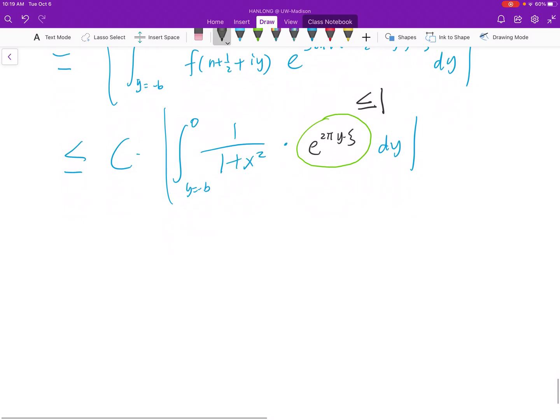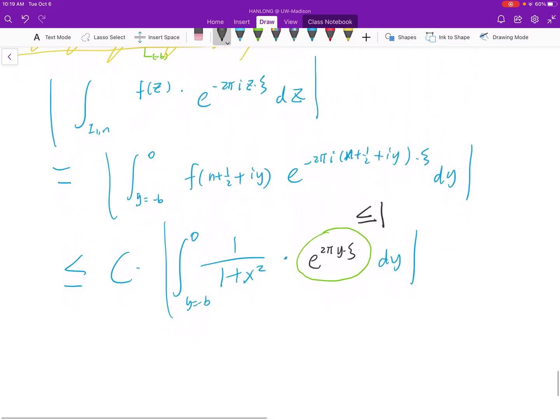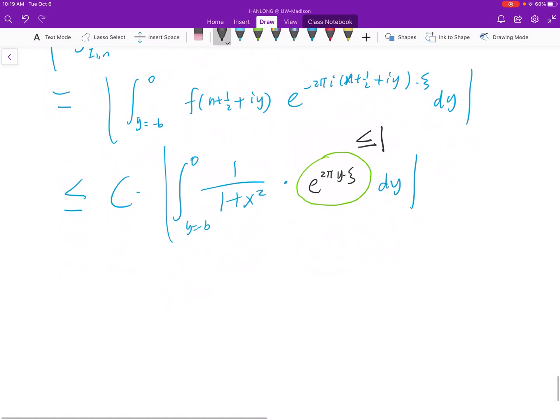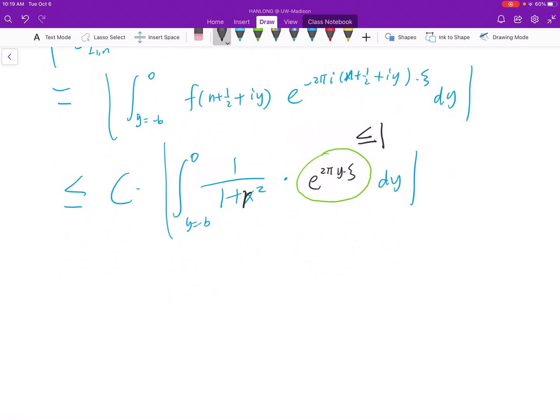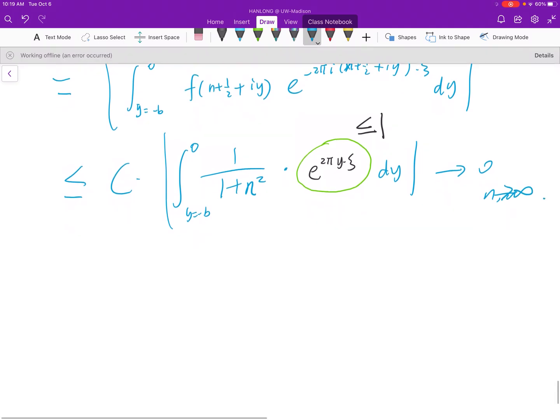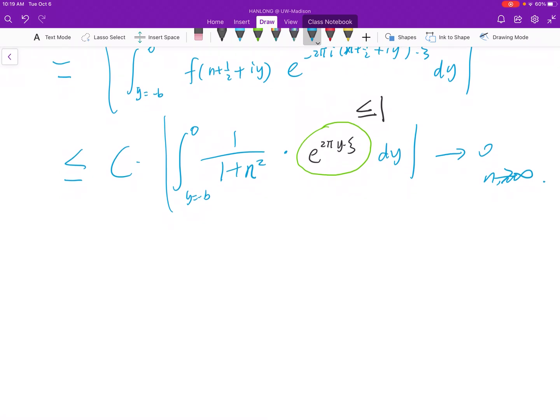Then you have the estimate, and therefore this goes to 0 as n goes to infinity.